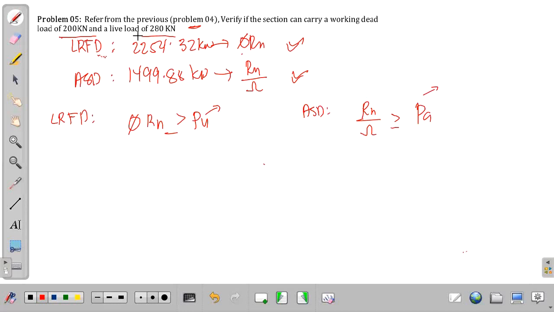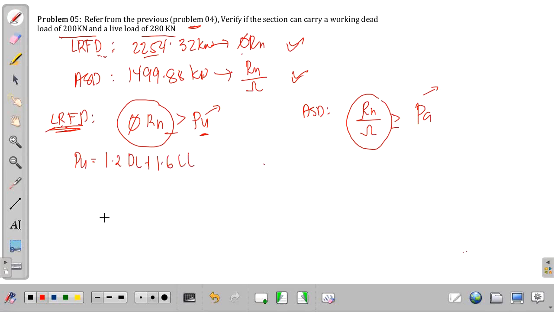So, na-solve na natin ito. That is 2254. And ito, we have 1499.88. So, ano yung magiging PU natin? We need to solve the PU. Pagka LRFD, ang ultimate load natin is the factored load. So, factored load, 1.2 dead load plus 1.6 live load.